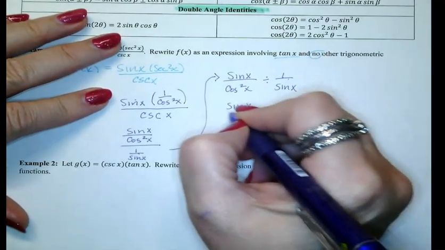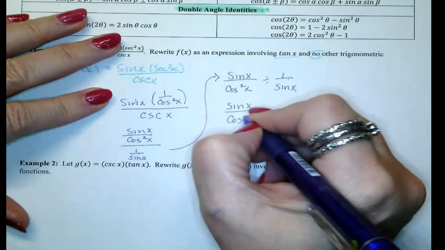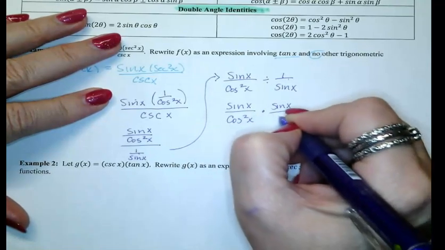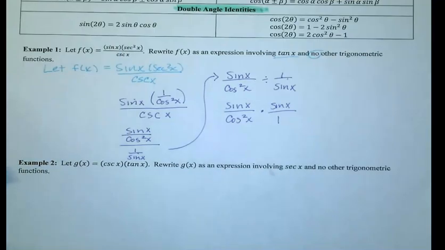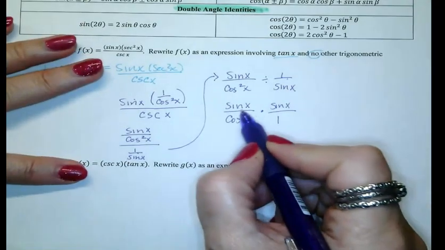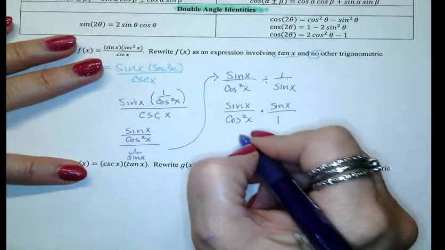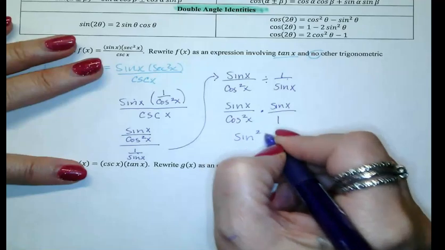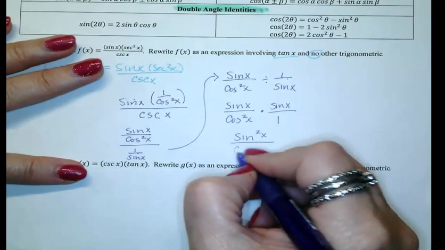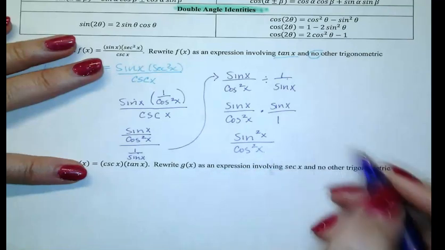So I have sine x over cosine squared x times sine x over 1. And when we multiply fractions, we multiply the tops, and we multiply the bottoms. So the top is sine x times sine x, which is sine squared x, and the bottom is cosine squared x times 1, or cosine squared.